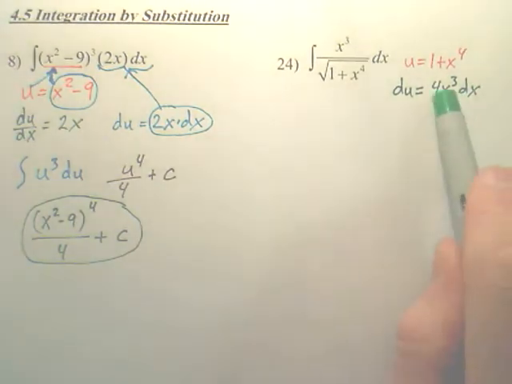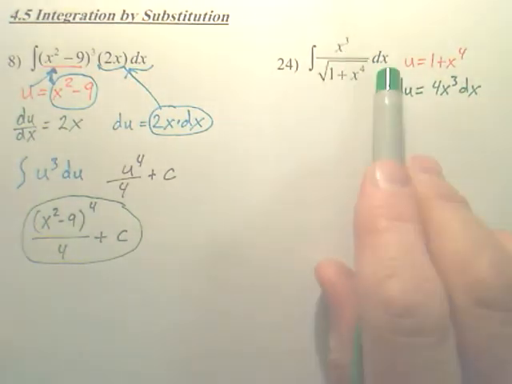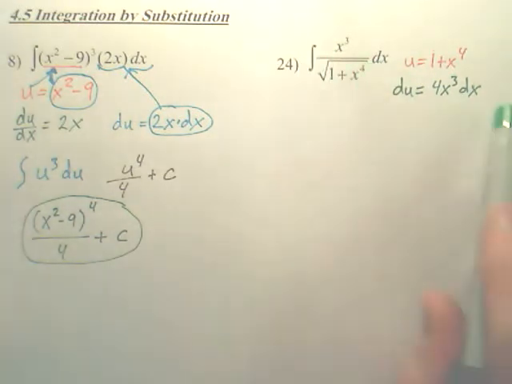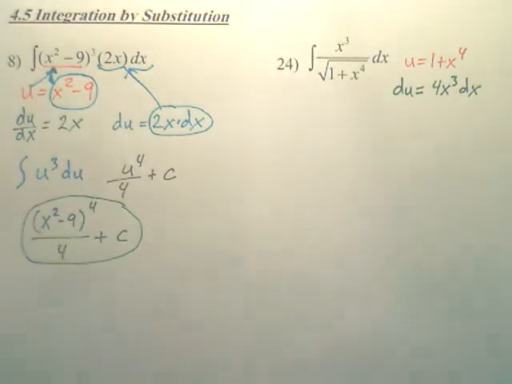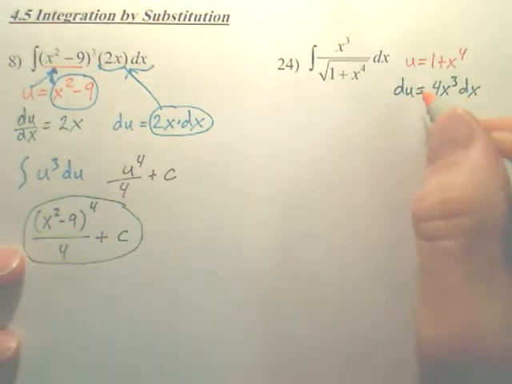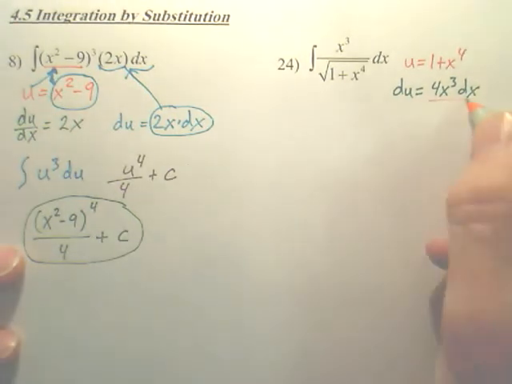Now, does this match that x to the third? That's 4x to the third dx. I want x to the third dx, right? But could I just move that 4 over here with the du? Watch this. By the way, this is a differential. I derived it and moved the dx all over in one step.